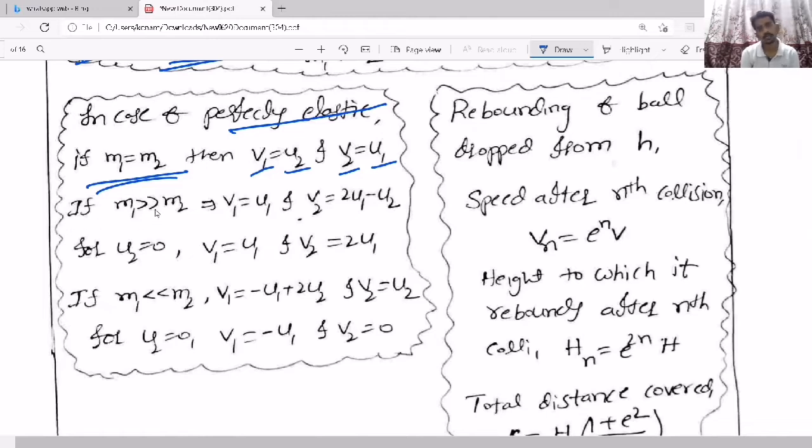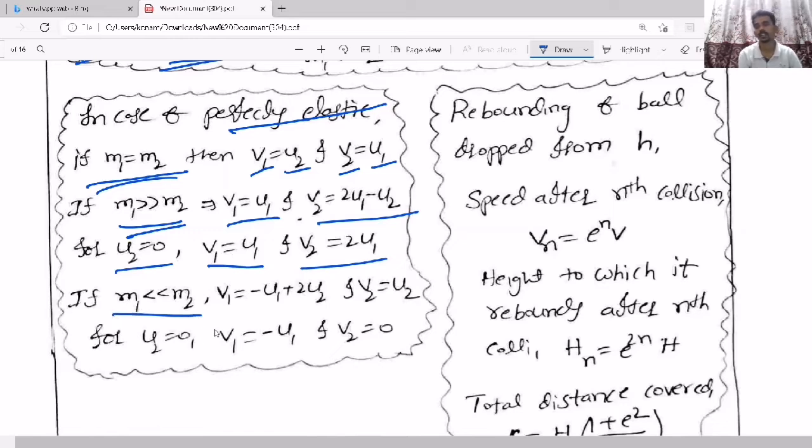And if m1 is very much greater than m2 comparatively, then V1 equal to u1. That means V1 will not have any difference, but V2 will move with another velocity. If suppose in the same case the second particle is at rest, just like a lorry hitting a small ball, then the lorry continues to move with the same velocity, but the ball will move with double the velocity.